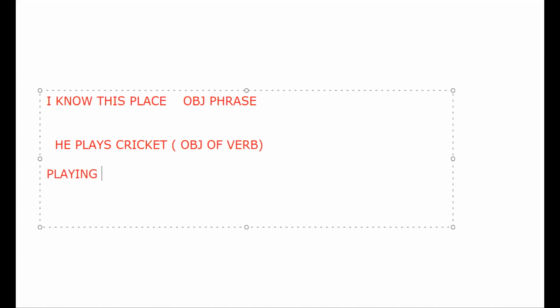Next. Playing is good. What is good? Playing is good. It means this is the answer for what. So this is a noun because it is the ing form of the verb. Now I slightly change the sentence. Playing cricket is good. What is good?